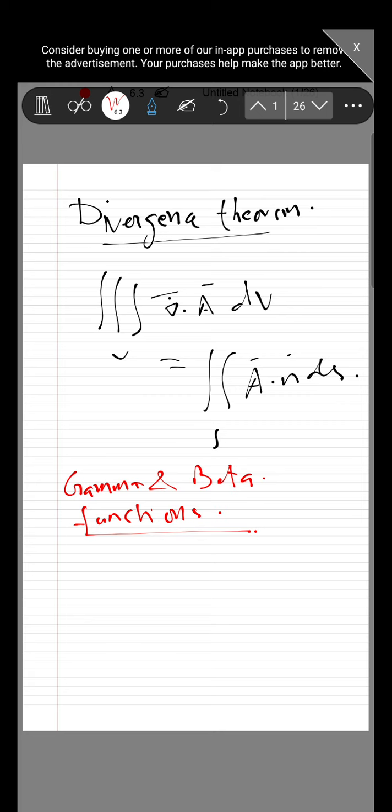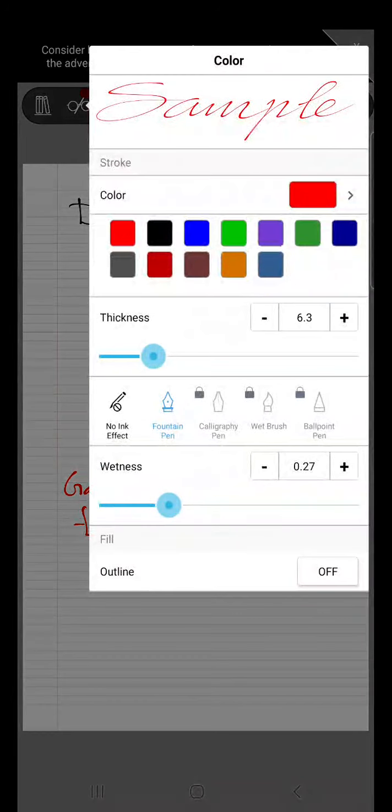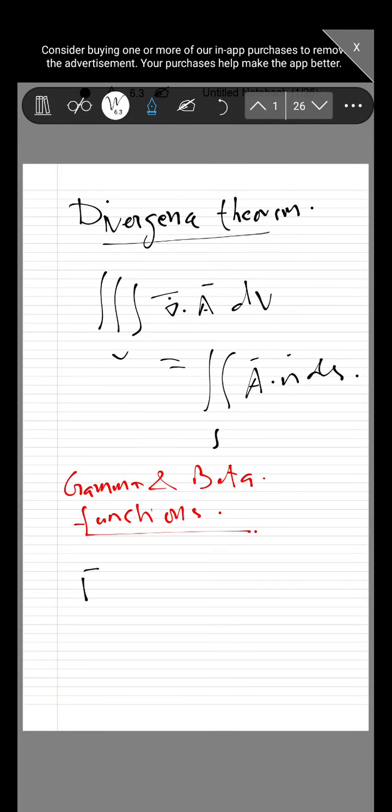So a gamma function is written in this fashion: gamma n is equal to the integral from 0 to infinity of e to the power minus x, x to the power n minus 1, dx, where the value of n is real and is greater than 0.